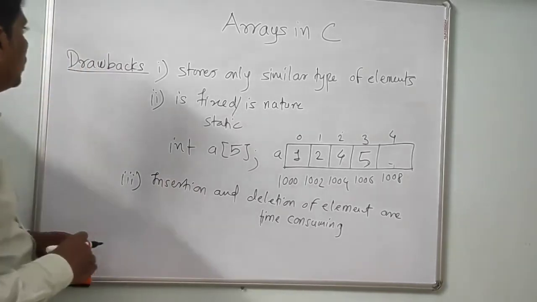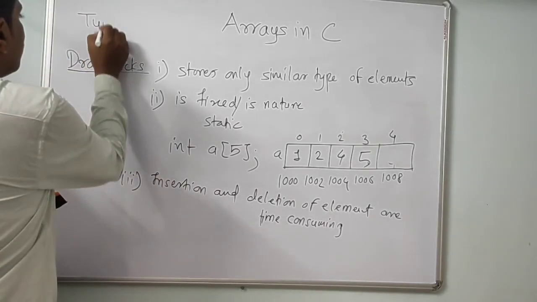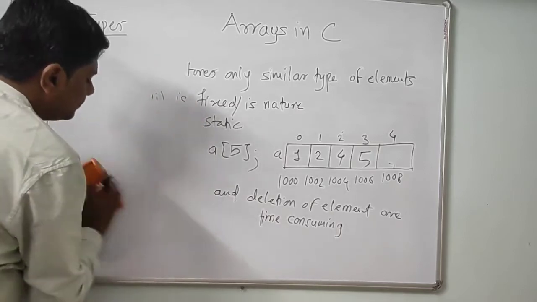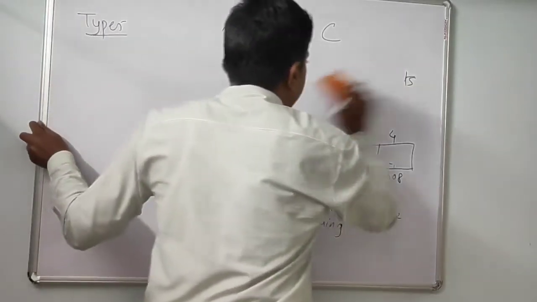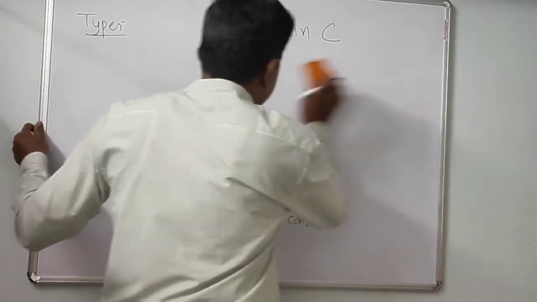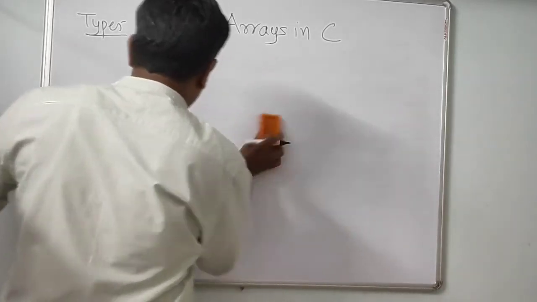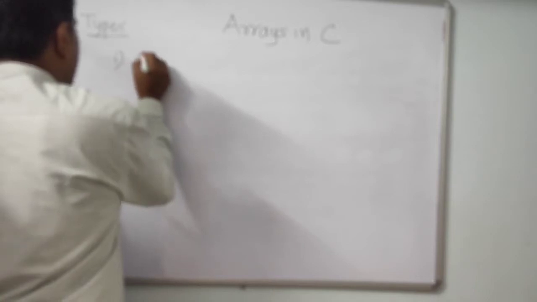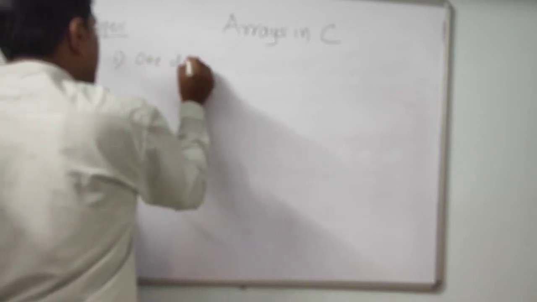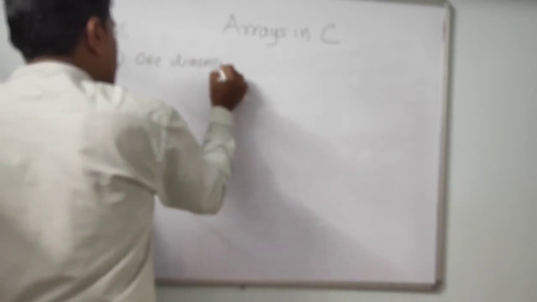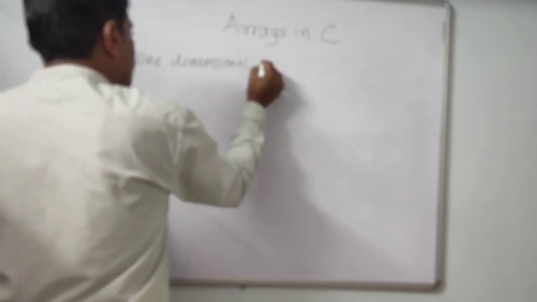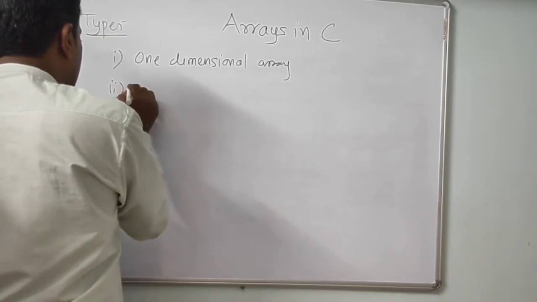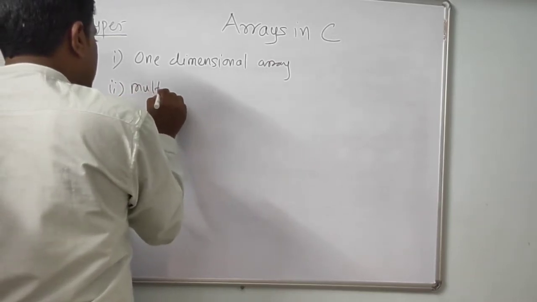And the last point is, which are the types of array? So there are 2 types of array: one-dimensional array, and multi-dimensional array.